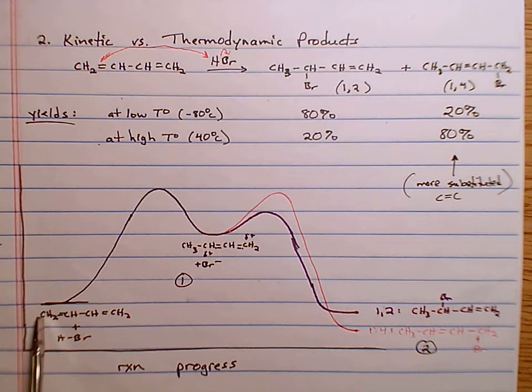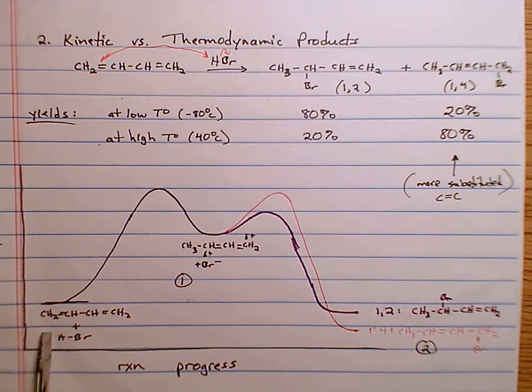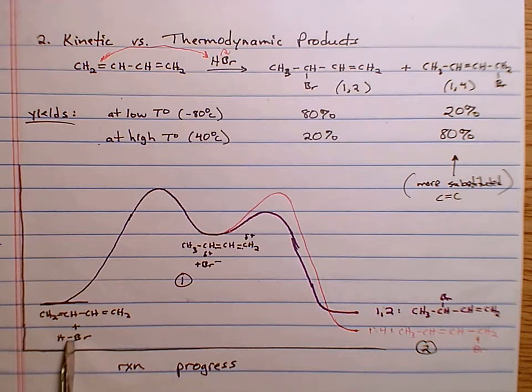So as this carbon-hydrogen bond is forming, this hydrogen-bromine bond is breaking. Those two are happening at the same time. We're forming a bond between this carbon and this hydrogen. At the same time, we're breaking the bond between this hydrogen and this bromine, which means at the time this bond is formed, the bromine is kind of hanging around this area.